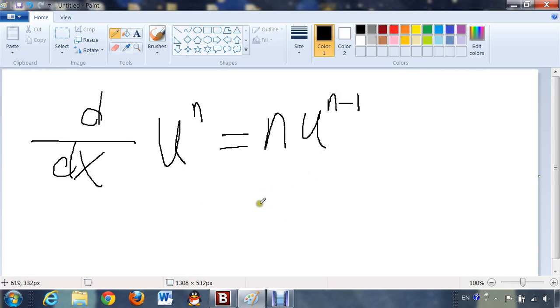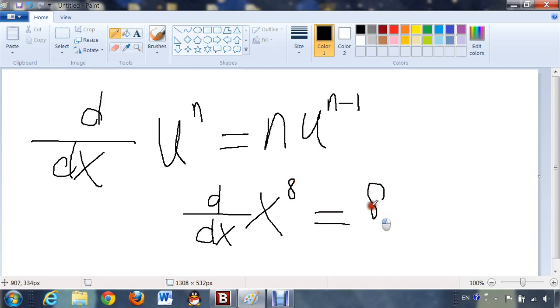For example, if you're taking the derivative of x to the 8, the derivative of this will just be 8x to the 7, right?